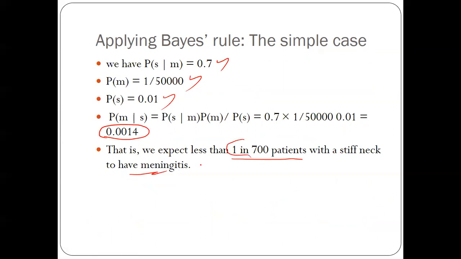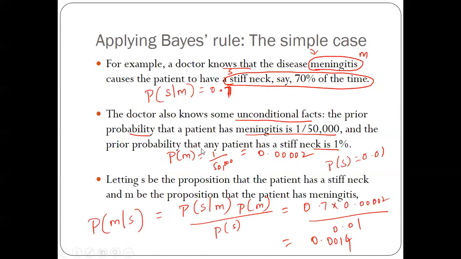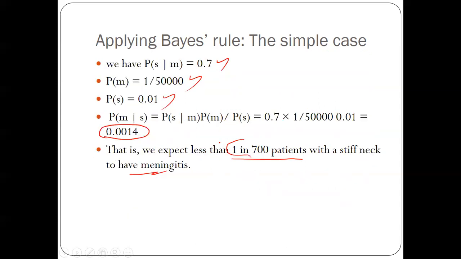The beauty here is that even though a stiff neck is a strong indication of meningitis, if somebody has meningitis, it is highly likely that they have a stiff neck. That doesn't mean that if somebody has a stiff neck, they have meningitis. That is proved by this, because if somebody has a stiff neck, the probability that they have meningitis is only this much.